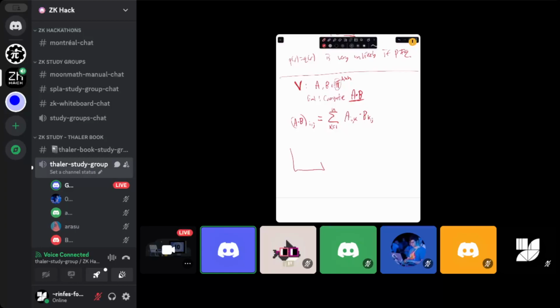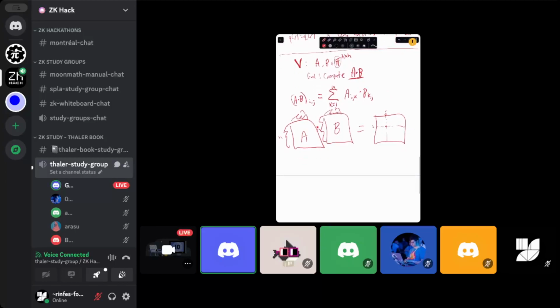Pictorially, you have this matrix A with n rows and n columns, and this matrix B, also with n rows and n columns. And if you multiply these two together, you get this product matrix, and the ijth entry, row i and column j of the product, is computed by taking the dot product of row i of A and column j of B.